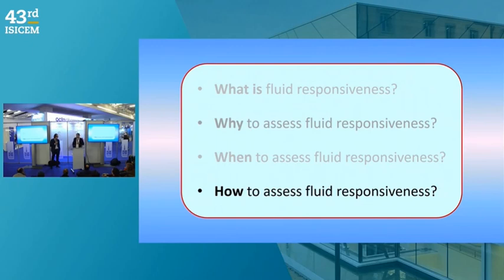But then the question arises, at some point they have received something. And then, because we saw this Starling relationship, are we still on the left side, or are we more on the middle, or even on the right side? So this begins to be one of the issues. Basically, it's when the patient has received some amount of fluids that the response becomes more questionable.